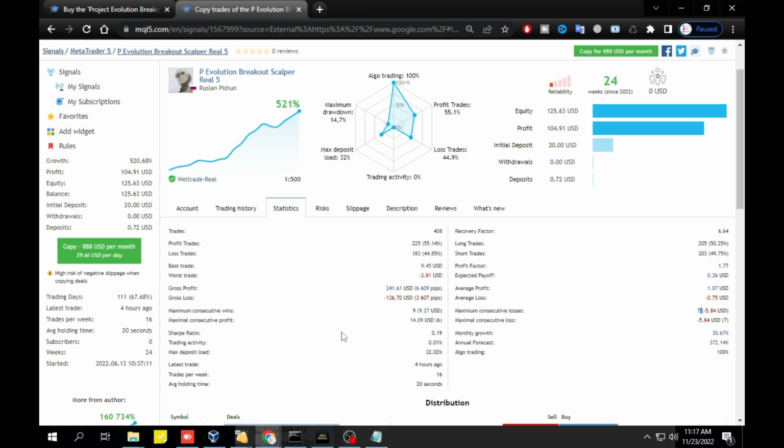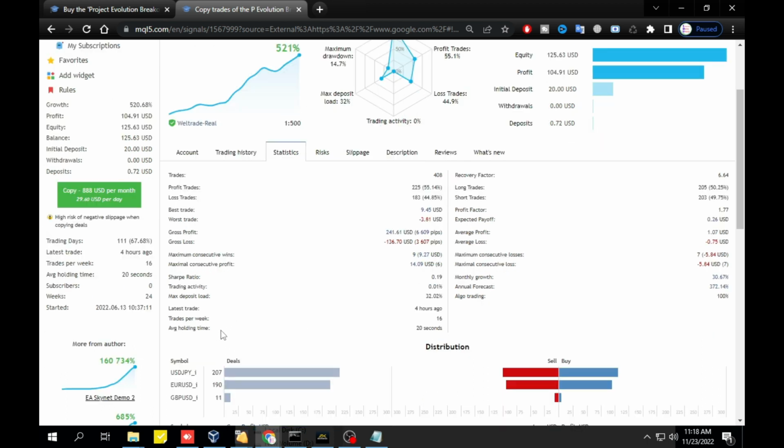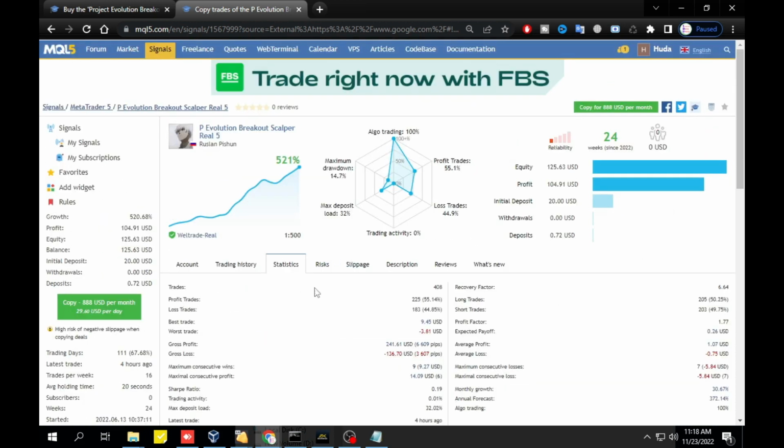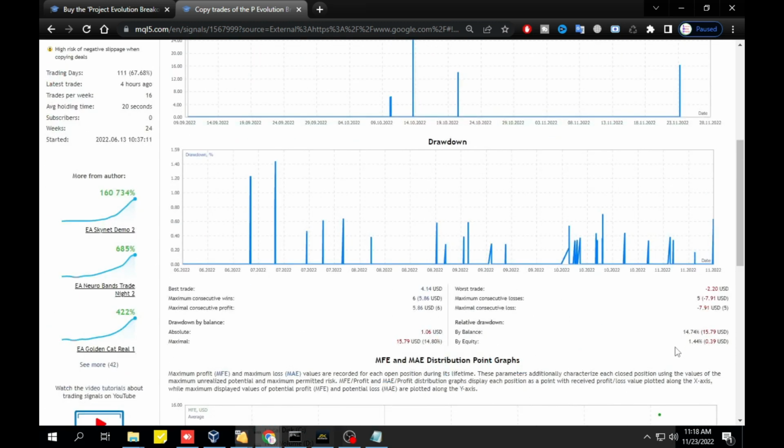Maximum consecutive losses, 7 transactions, -$5.84. Profit factor 1.77. There are 3 pairs running here: US dollar to Japanese yen, euro to US dollar and pound sterling to US dollar, with the main rating in the US dollar to Japanese yen pair. Maximum drawdown by balance is $15.79 or around 14.80%.